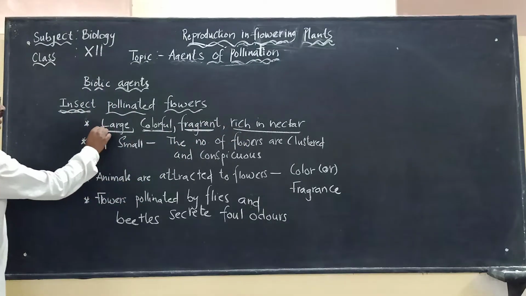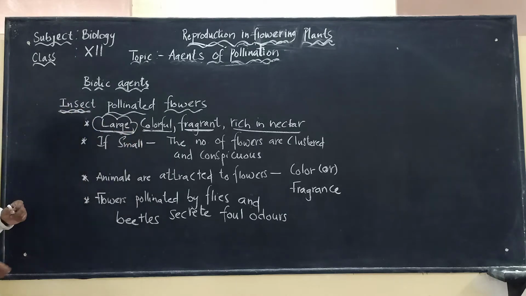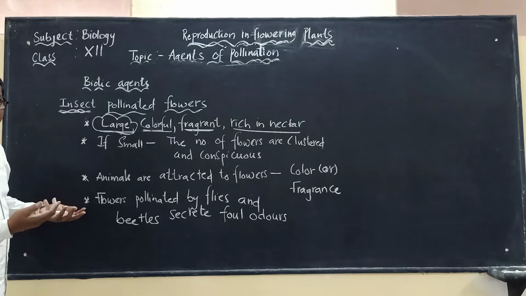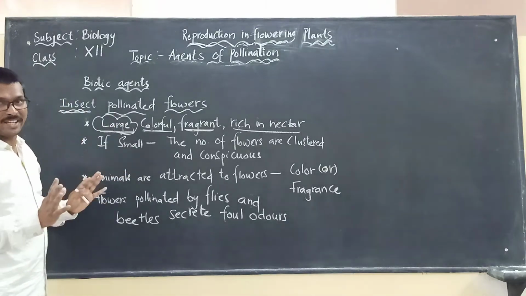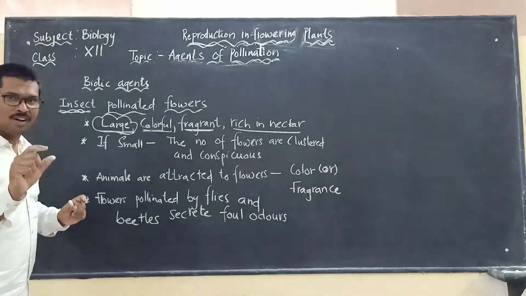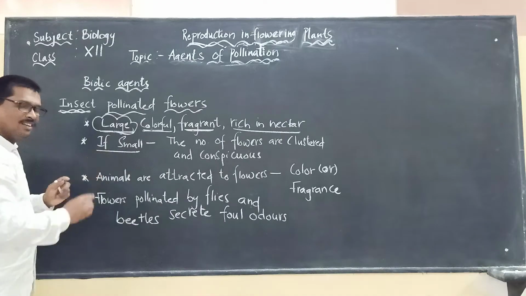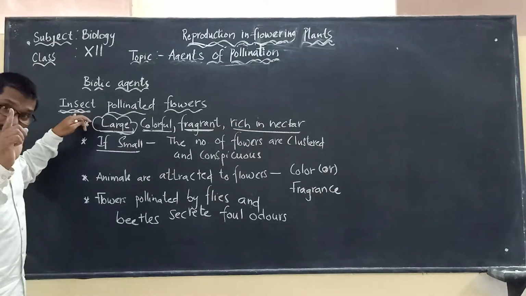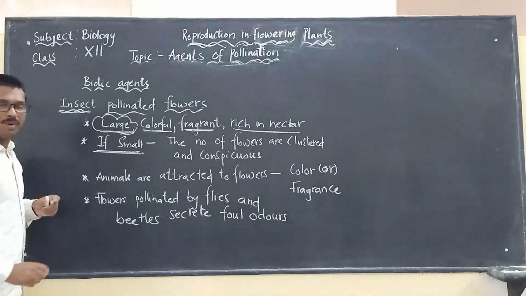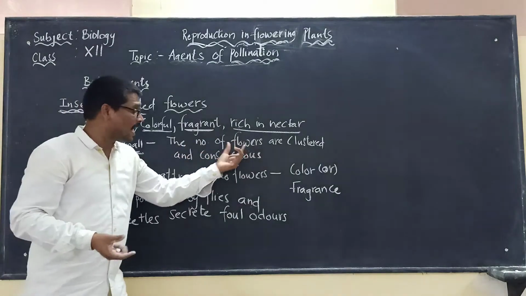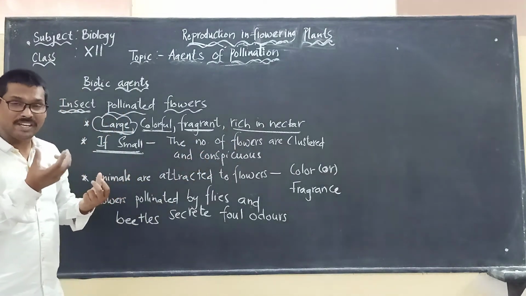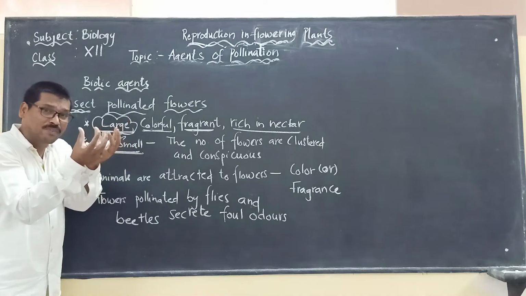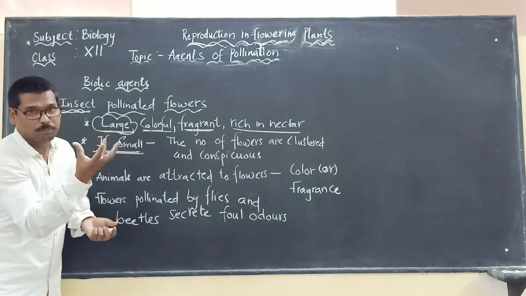But that doesn't mean they will compulsorily be large in size. Or we should not say that only those flowers which are large in size will undergo pollination by insects. Even if they are small, they will undergo insect pollination. But if they are small, the number of flowers are clustered together, meaning many flowers will be present as one group.